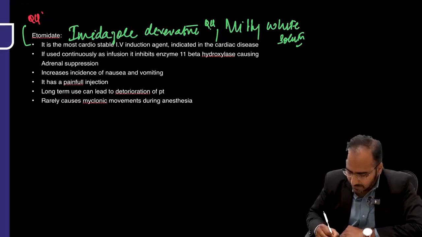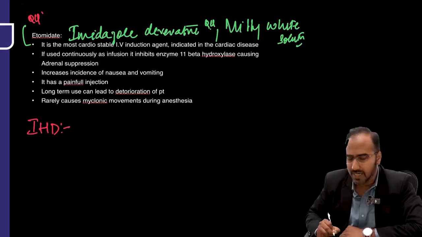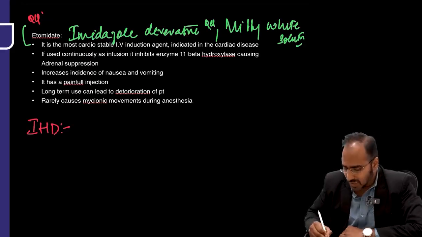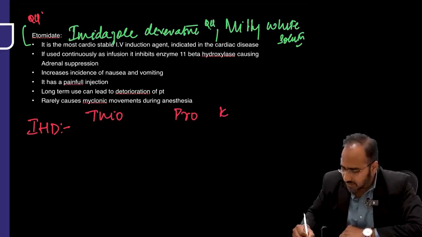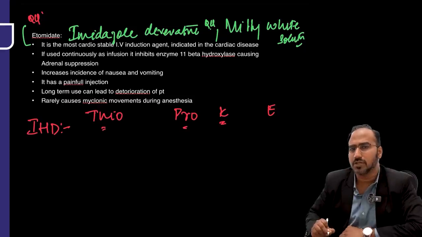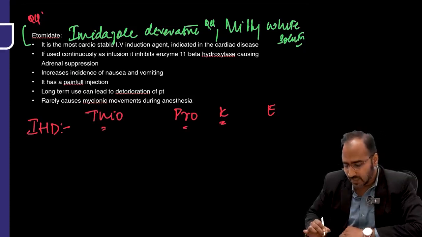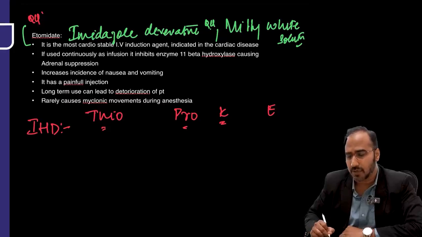Most important point of etomidate that we need to remember is that etomidate is the most cardiostable IV induction agent. Now guys, a patient is suffering with ischemic heart disease and you're having options like thiopentone, propofol, ketamine, etomidate. Which one will you choose? First tell me, why don't you choose thiopentone?